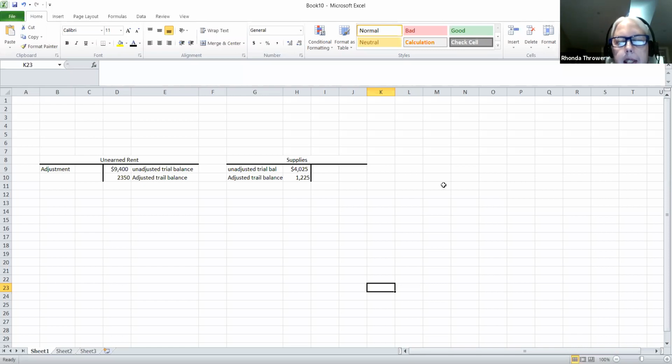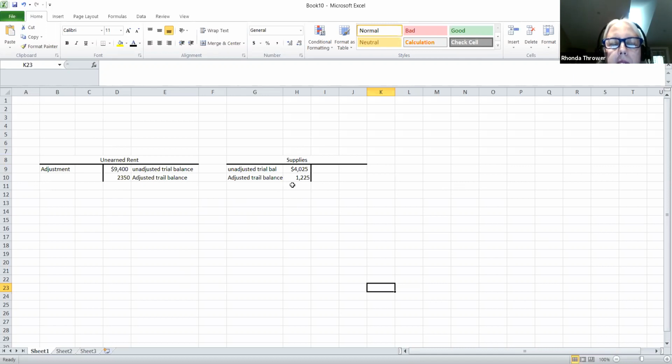Okay, I think you can see that right now. I've created a supplies T account here, and I put the unadjusted amount in there. And that comes from the unadjusted trial balance.